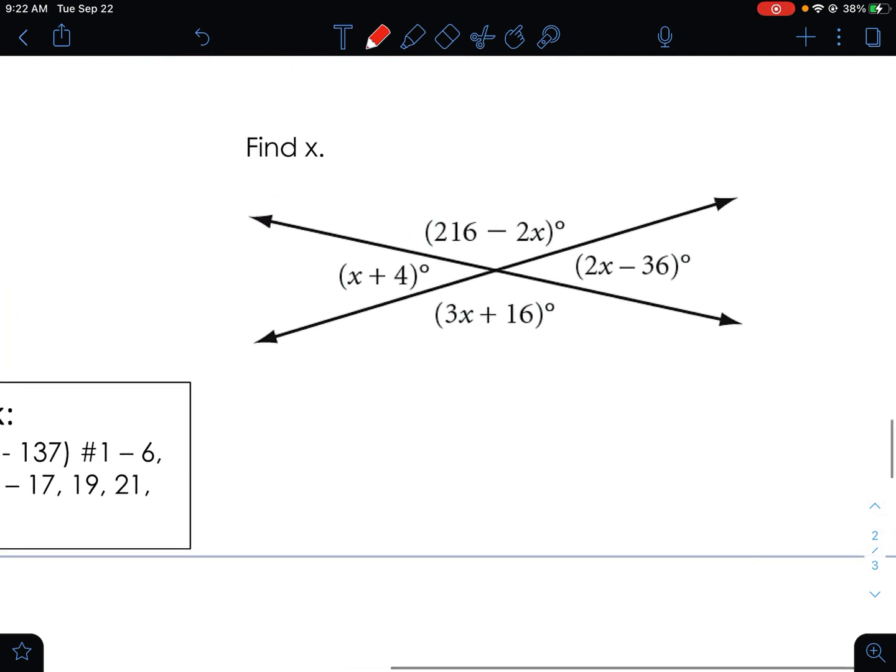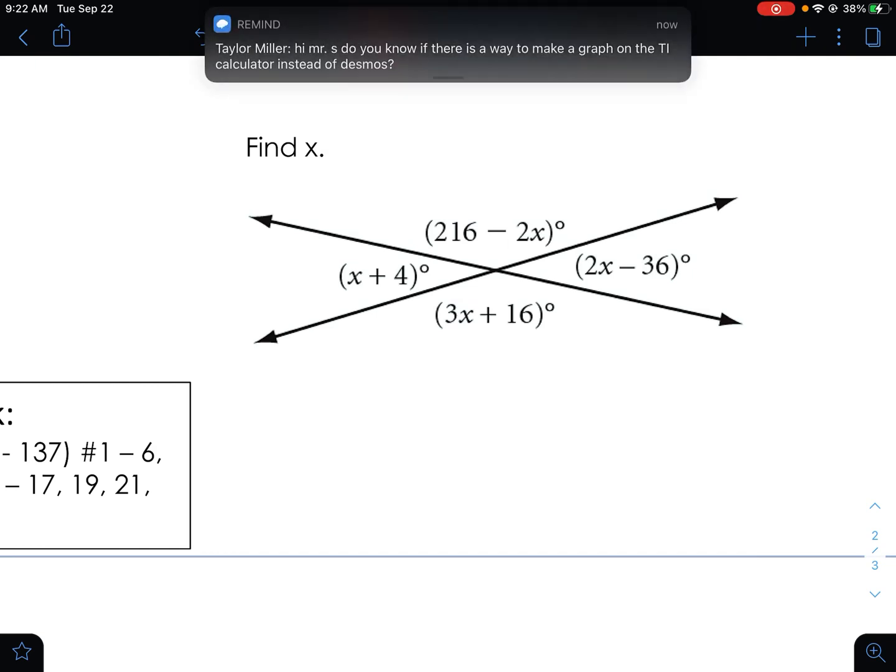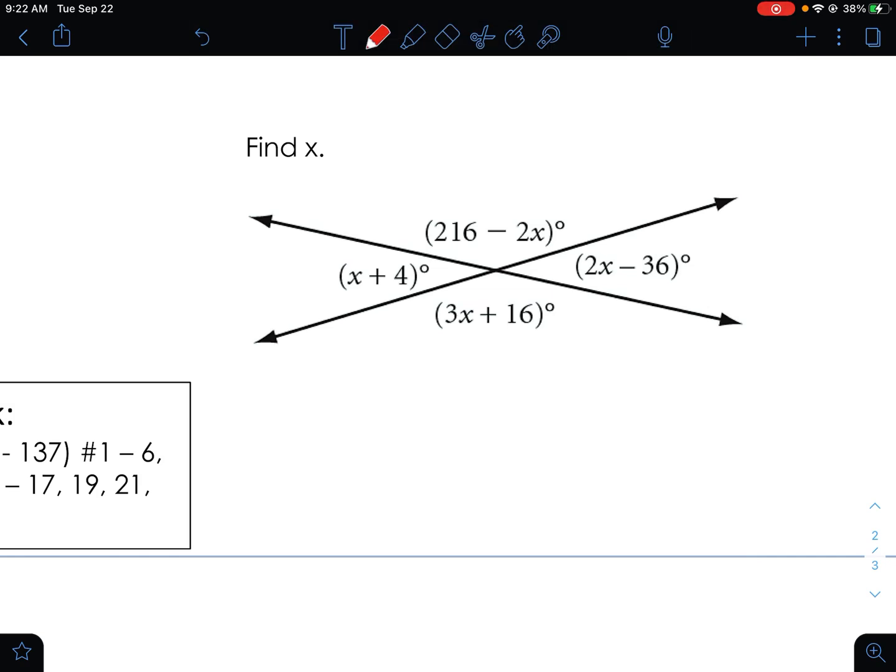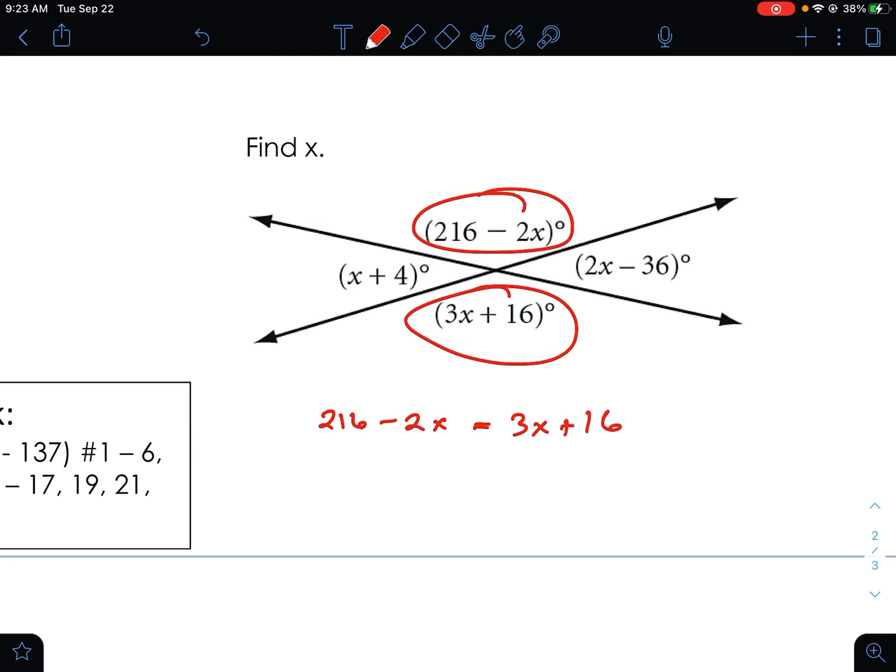And then finally, over here, if we want to solve for x, we have a number of ways that we can do this. So we could use what we learned about the linear pair conjecture, and we could also use what we know about vertical angles. So I'm going to go ahead and use what we know about vertical angles. We know that vertical angles are congruent. So if we take 216 minus 2x equals 3x plus 16, we set them equal to each other because of the vertical angles conjecture. And then we're going to solve for x.